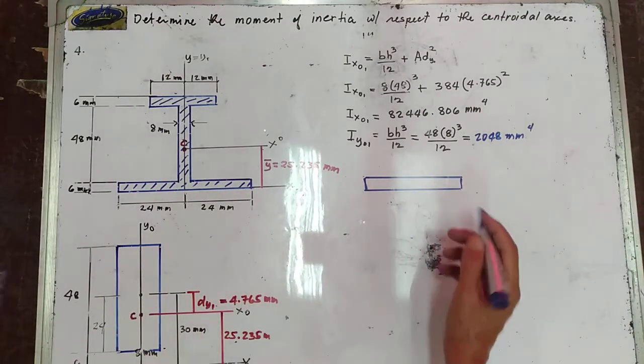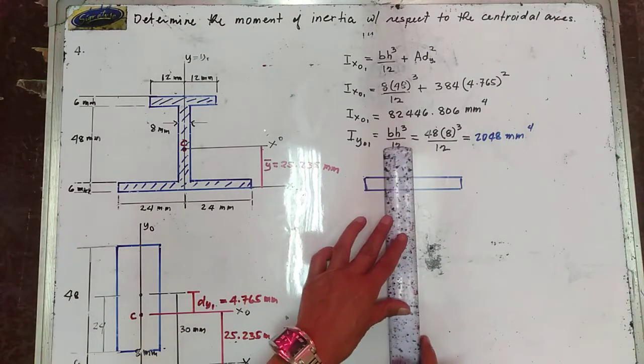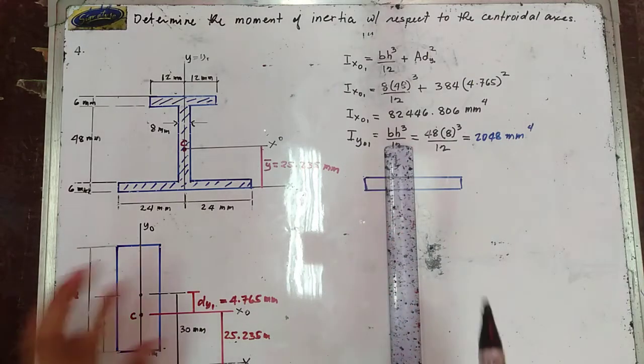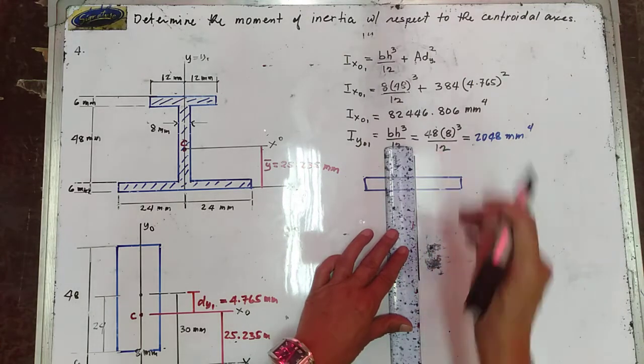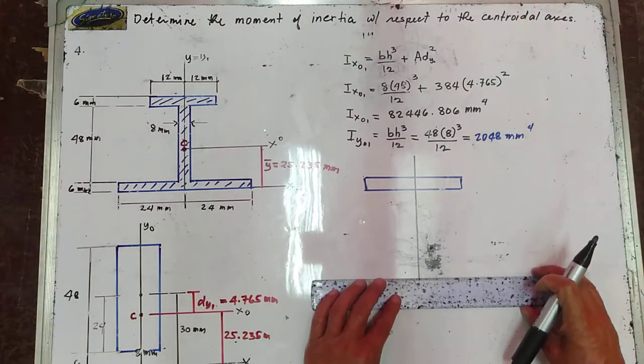So we have this is the y-axis, y sub O. This is the x.